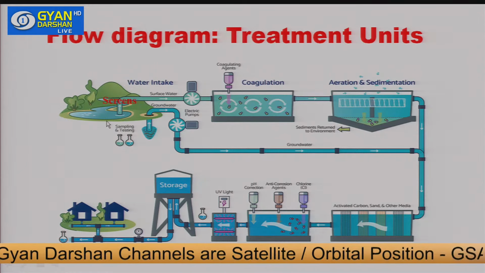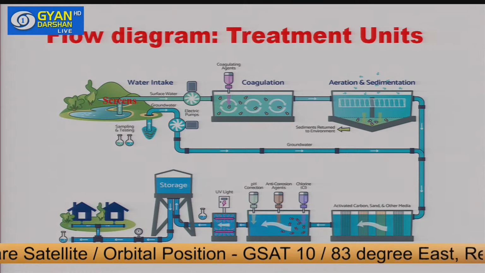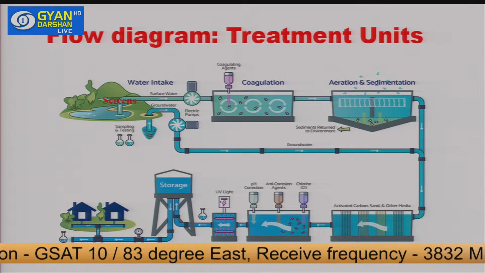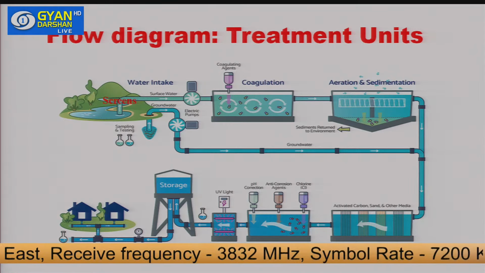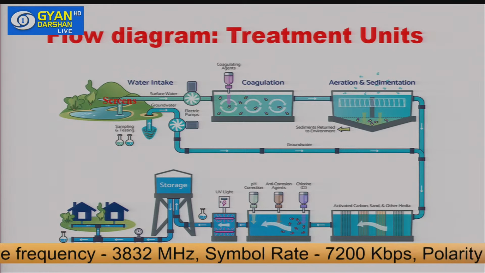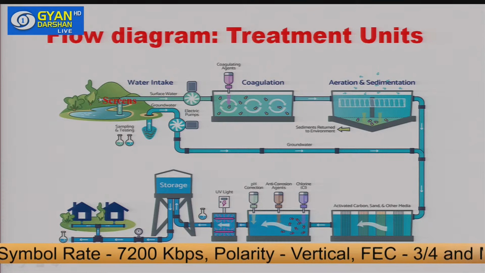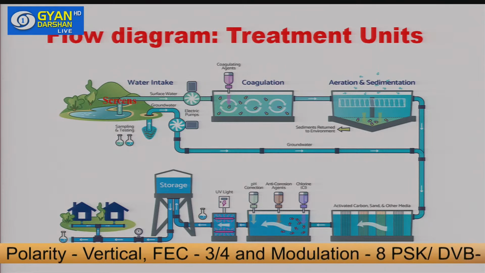When we are taking surface water, there may be many impurities in it. These impurities may be floating objects, such as leaves, tree branches, papers, cloths, and so on. Because it is a surface source, these impurities may be there.